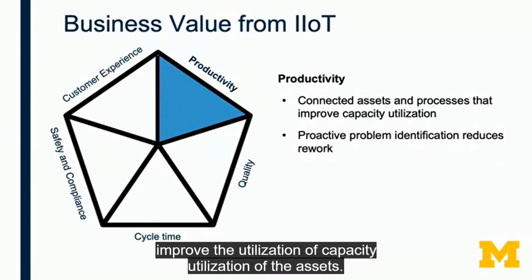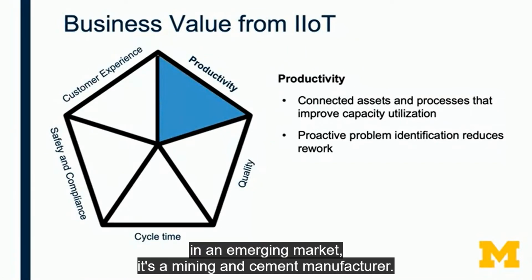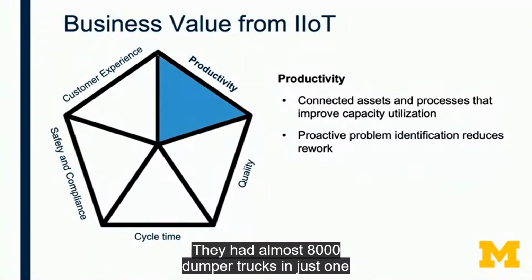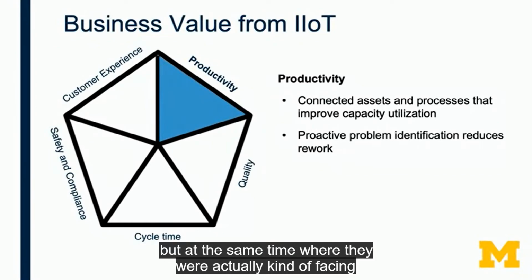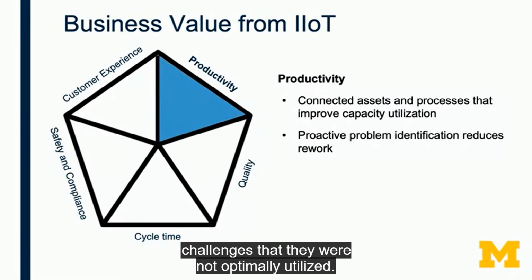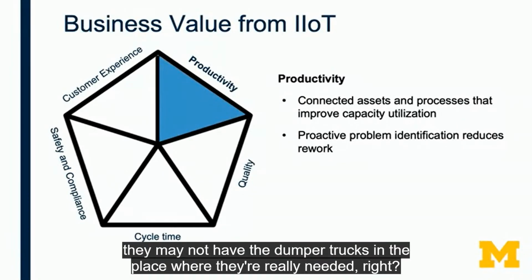One of the large manufacturers in an emerging market, a mining and cement manufacturer, had almost 8,000 dumper trucks in just one location, one segment of the market. 8,000 dumper trucks in operations with multiple projects, but at the same time they were facing challenges that they were not optimally utilized. There'll be more trucks in the place where they are not actually needed, and they may not have the dumper trucks in the place where they're really needed.